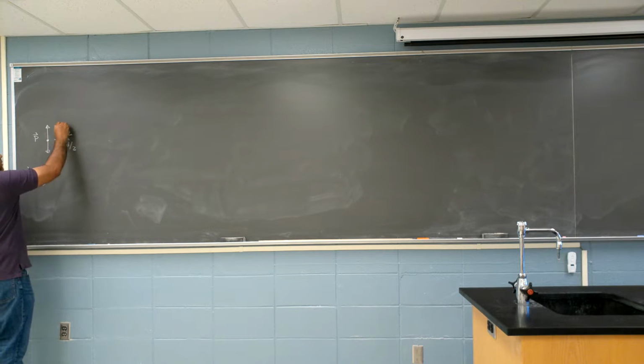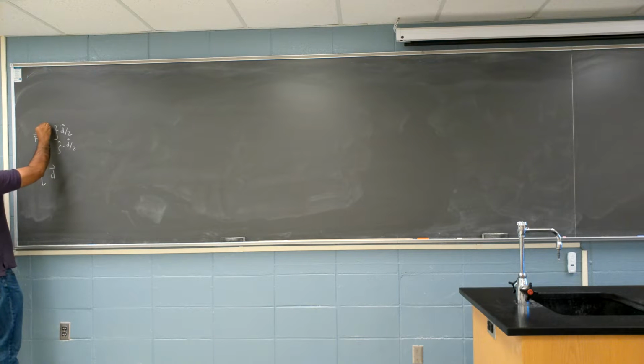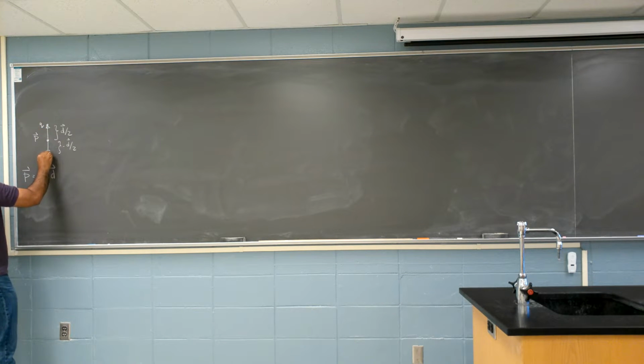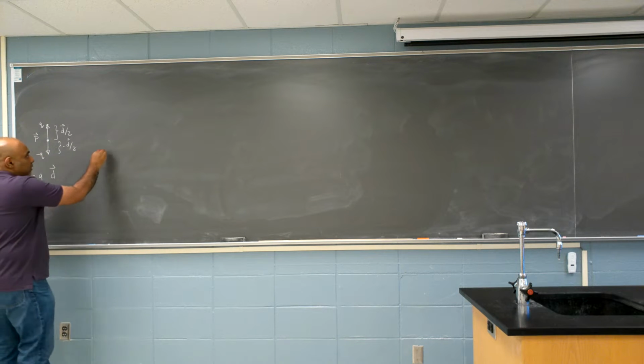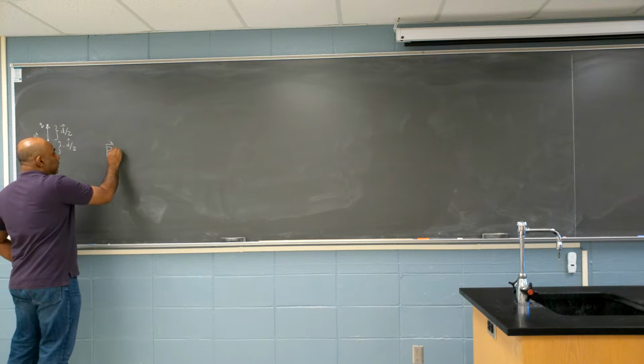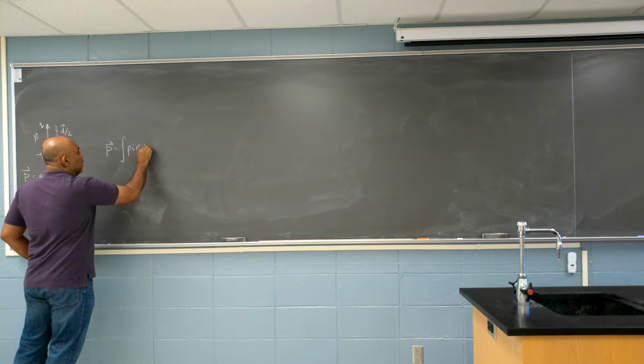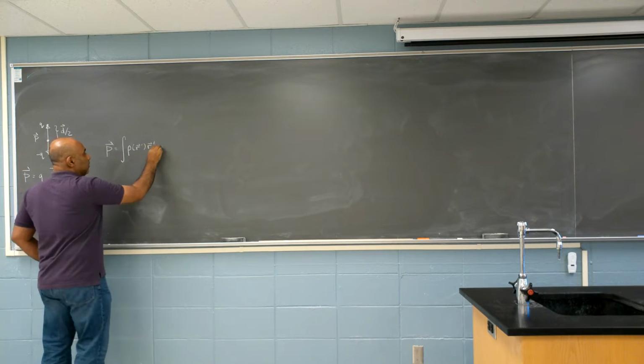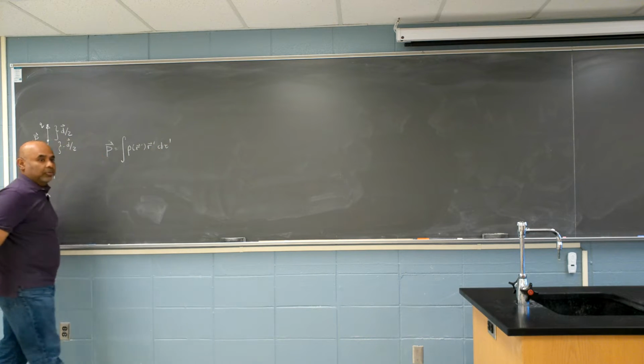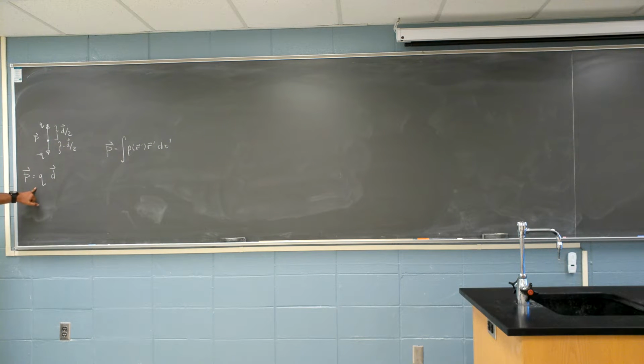Both are vectors, and you have a charge Q here and a charge minus Q here. And the general expression for P, the integral expression, is rho of r prime d tau prime. And we have worked out this expression as well.